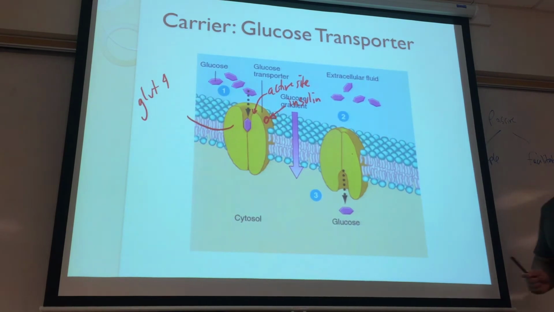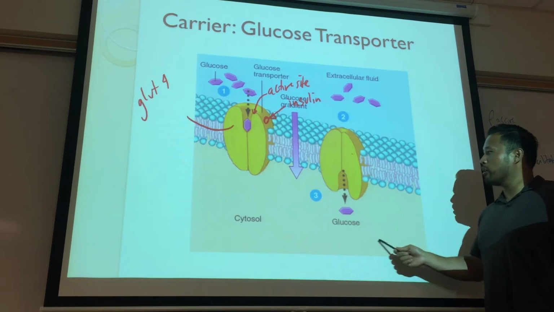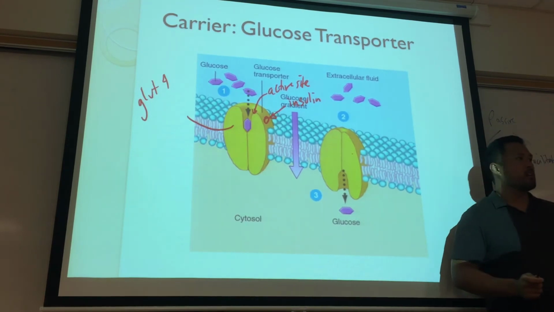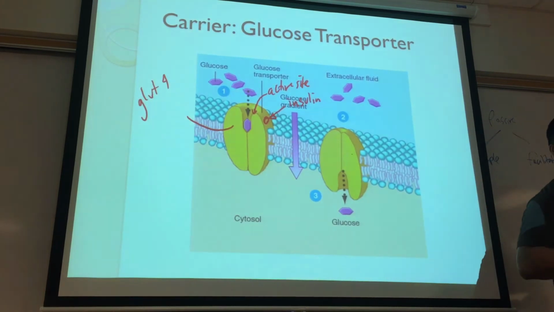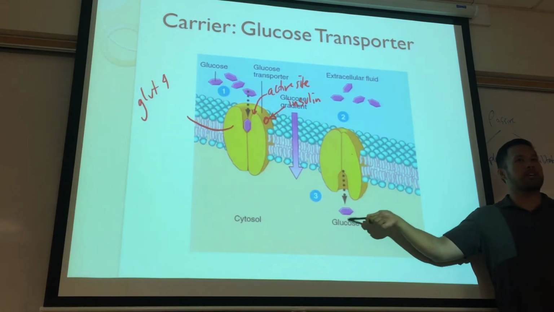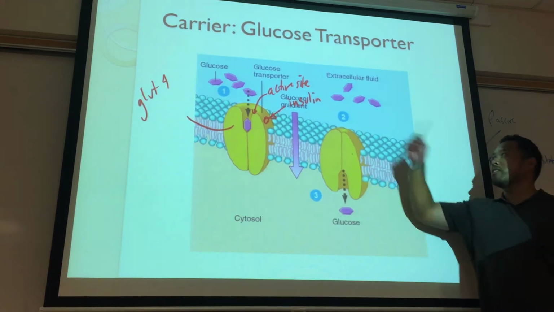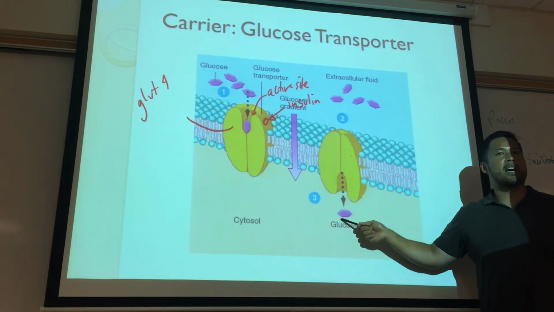We would think that we would want to now be able to shuttle glucose into the cell a little bit faster. If you're doing things like resistance training, if you're doing activities that require a substrate in order to generate ATP, we need to get energy, or we need to get a molecule, glucose, faster into the cell.